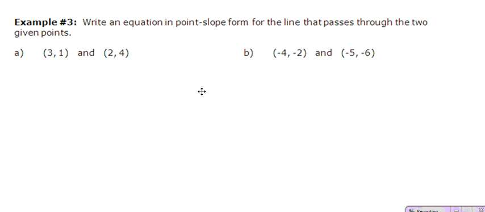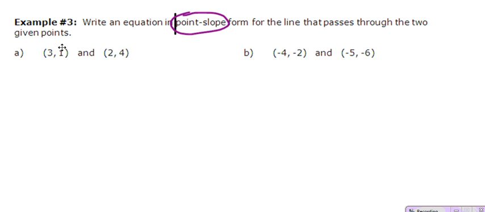This one says, write an equation in point-slope form for the line that passes through two given points. So here, if you notice, it has two ordered pairs and it's asking you to write an equation in point-slope form. We can't write an equation in point-slope form unless we have a point and a slope.